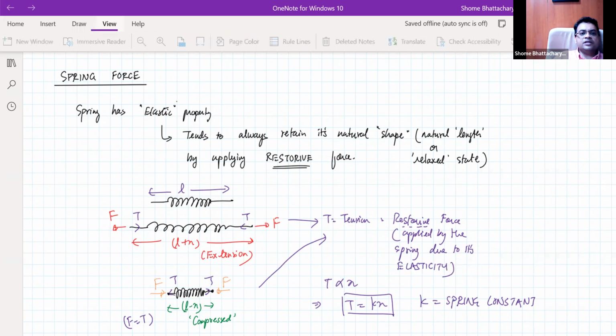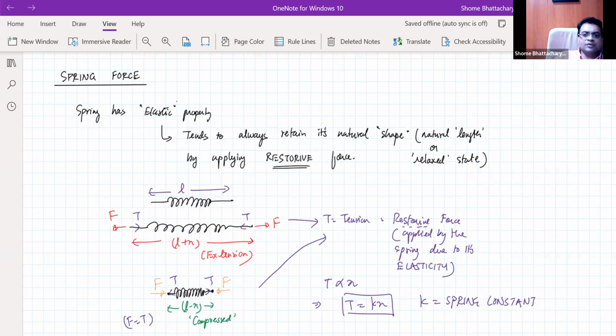So with sign convention, we write this as minus kx to show that when x is negative, that is the spring is getting compressed, the force is positive, or outwards. And when x is positive, that is the spring is elongating, the force is inwards. Okay, the spring force, that is not the external force, the spring force is inwards.